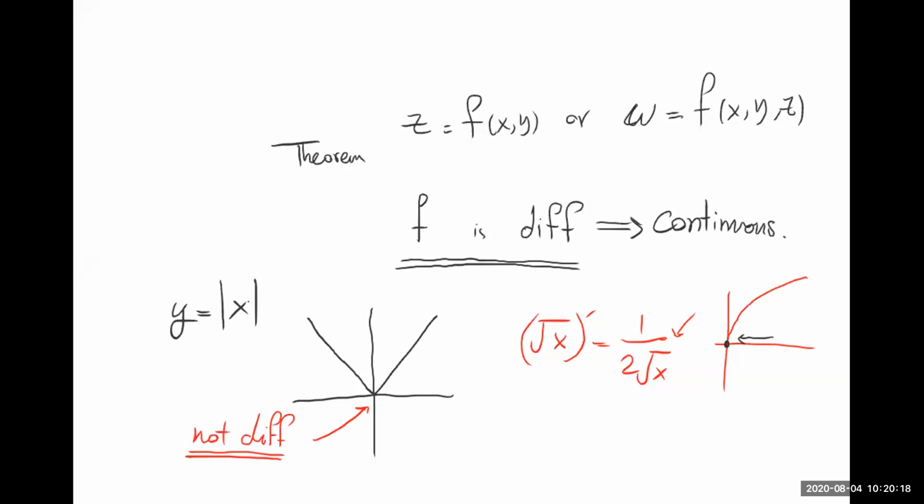When we have a function which is broken like this, with broken points, it is not differentiable. For a higher dimensional example, this function is an example of a function which is not differentiable. We can look at the graph of this function.